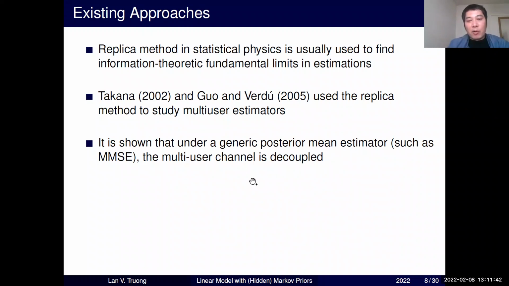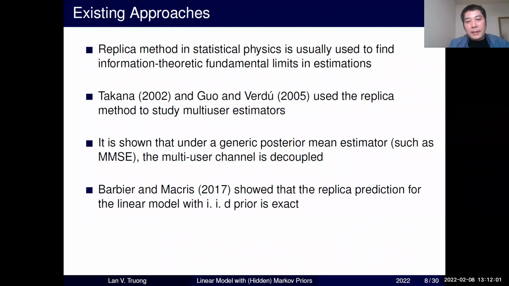And in our work, we also prove that for the Markov chain, the decomposition also happens. But the problem is what channel the decomposition will be turned into. That is the question in this work. And Barbier and Macris in 2017 showed that the replica prediction for the linear model with IID prior is exact.